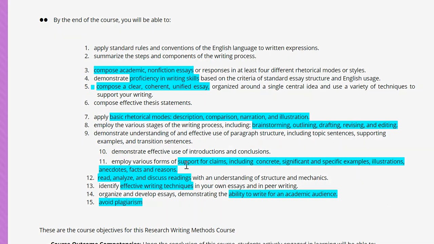That you understand and have already understood how to support claims, including concrete, significant, specific examples, illustrations, anecdotes, facts, and reasons. That you're able to discuss readings, and that you're able to write effectively, and that you're able to write for an academic audience, and that you already understand all the concepts of plagiarism.